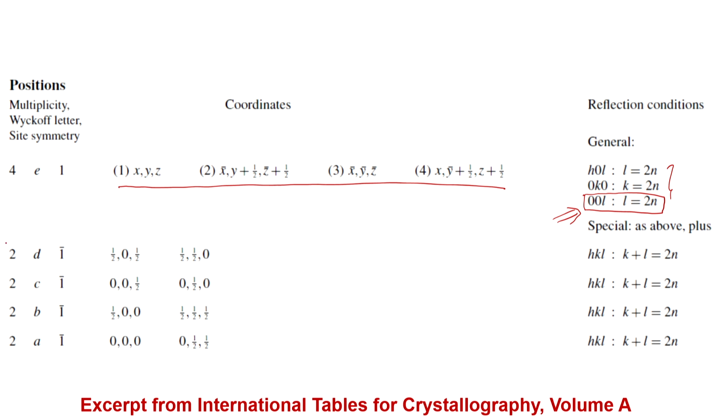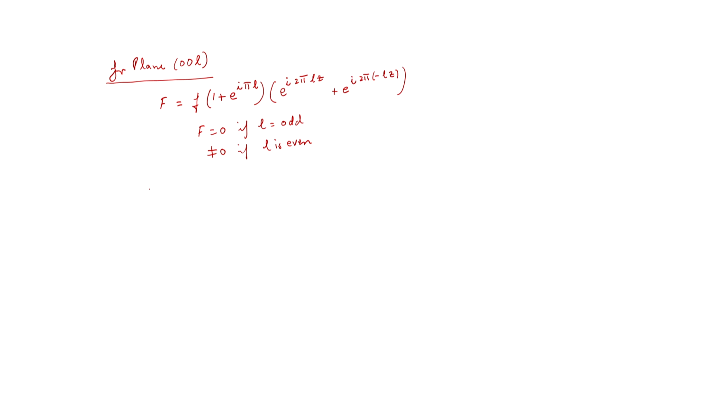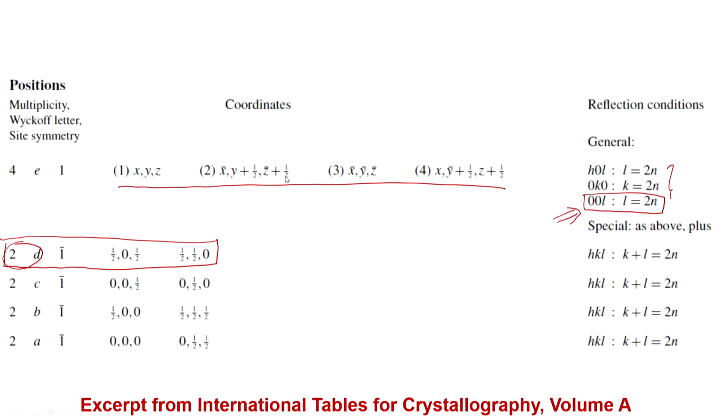Now, let us take a special condition and write down the structure factor for this. Now, consider a special position, and I will call this position special position 2d, which basically has multiplicity 2 and d is the Wyckoff symbol for that position that I have already indicated here.